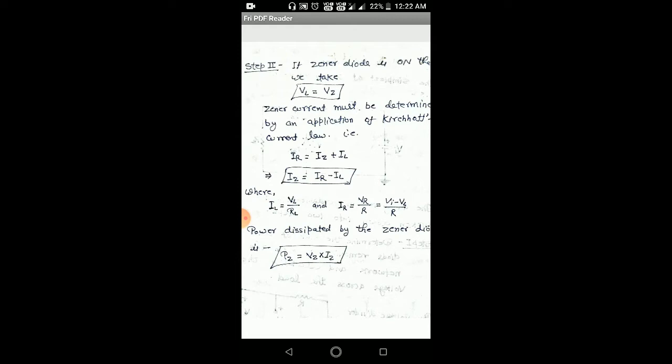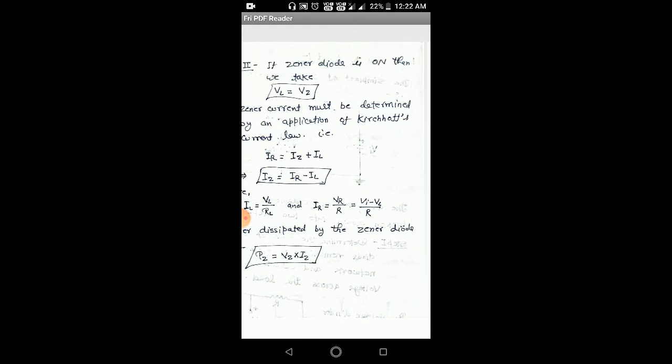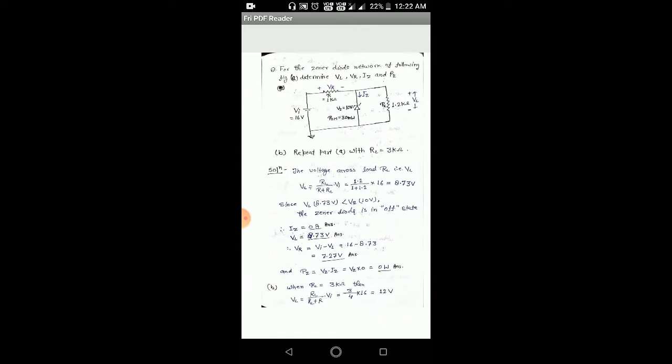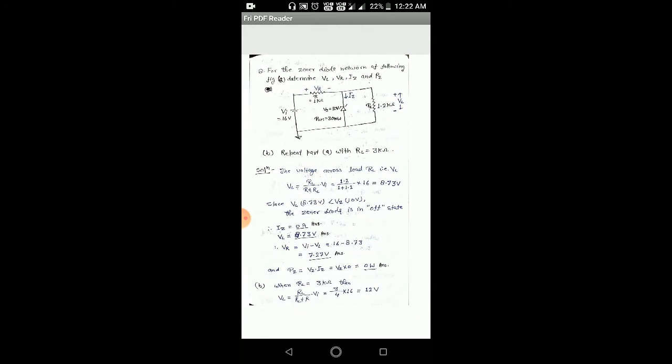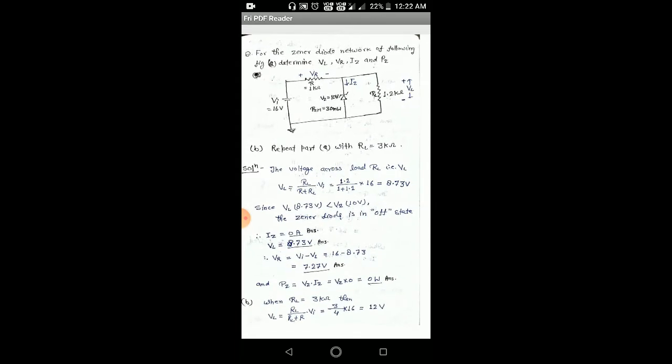So now we discuss a numerical problem on this case, when VI and RL both are fixed. For the Zener diode network of the following circuit, we can see here in this diagram, determine VL, VR, IZ and PZ.